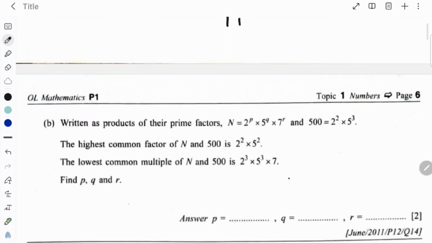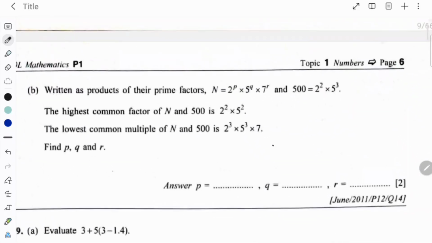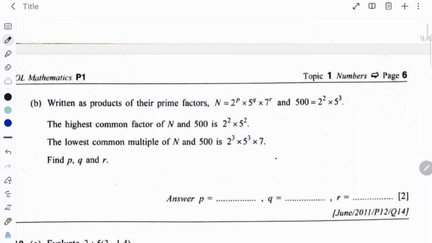Next, a 1 mark question. Now written as a product of prime factors, n is equal to 2 to the power p, multiplied by 5 to the power q, 7 to the power r, a slightly different question, and 500 is 2 squared into 5 cubed. The highest common factor of n and 500 is 2 squared into 5 squared, and the lowest common multiple of n and 500 is 2 cubed into 5 cubed into 7.